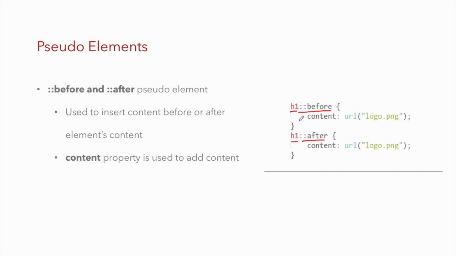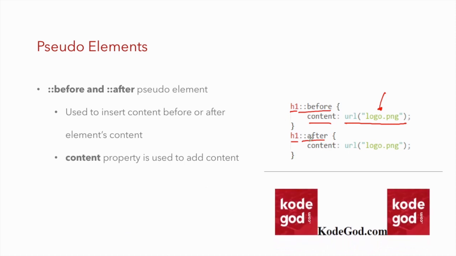Inside it I have specified content, and I have specified that this is the URL or this is the element, and I have specified a URL for that element which will be rendered along with the h1 tag. So this is the example. This is our h1 tag, and before and after this h1 tag, these elements have got added in addition.